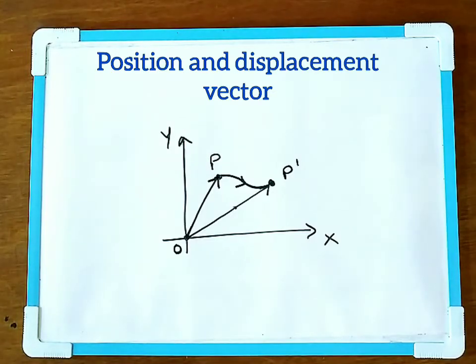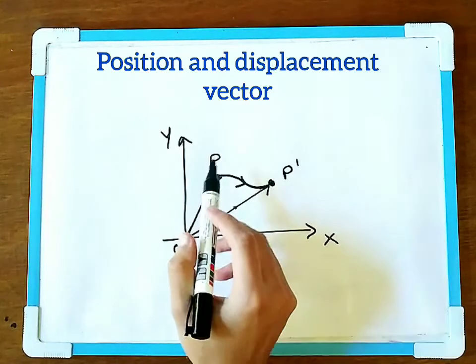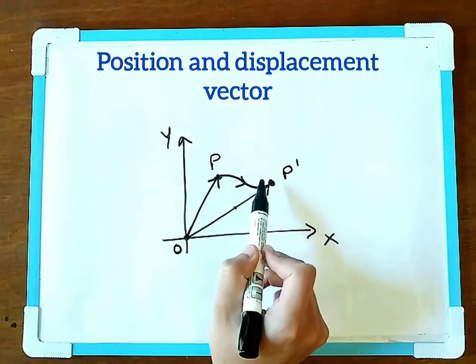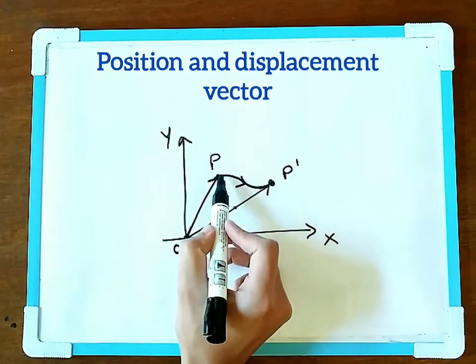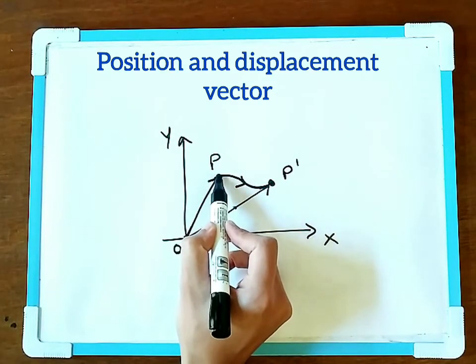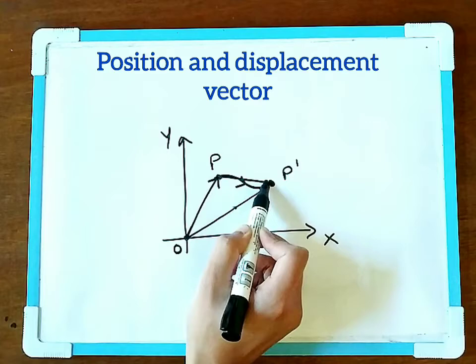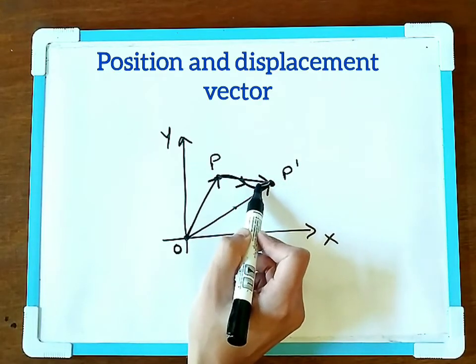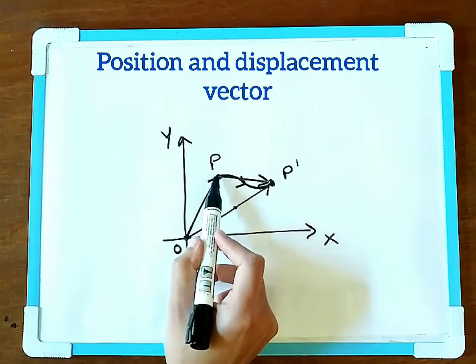Now the displacement vector is a vector which is drawn from any point of the xy plane to any point. So from the initial point to the final point. For example, here the object moves from P to P dash. So a displacement vector is a vector drawn, a straight line, from P to P dash.